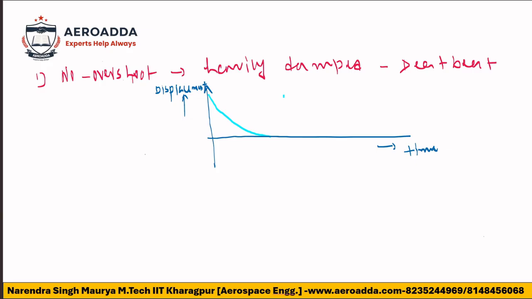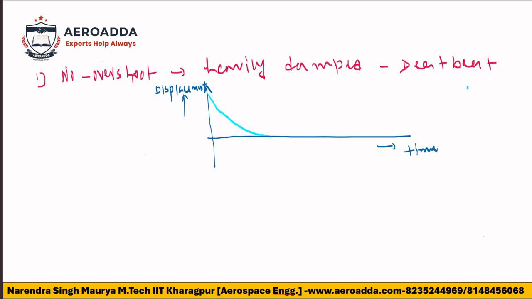How does it come from nose up immediately to the initial position? From nose up it will again go nose down, then again nose down to nose up, nose down to nose up. That will continue, and slowly it will achieve its initial condition. So that is the second case.